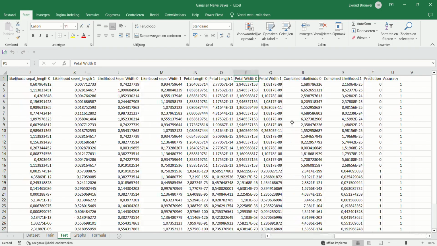After that, I calculated the combined likelihood to be 0 and to be 1. 0 is Setosa and 1 is Virginica.